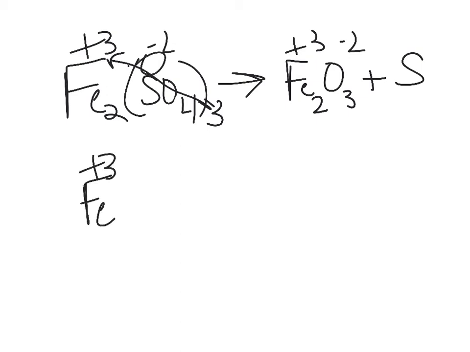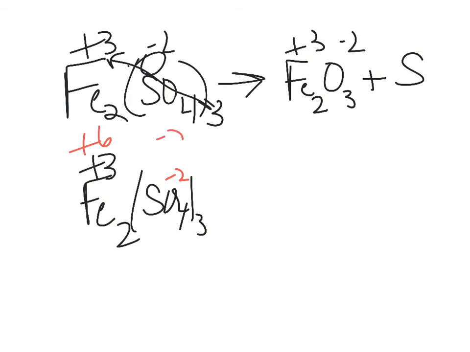So if I know that iron is +3, 2 of them, my total is plus 6. So oxygen is going to be minus 2, and 4 times 3 is 12, 12 times 2 is a minus 24. So you can see how that gets to be really big numbers right off the bat.